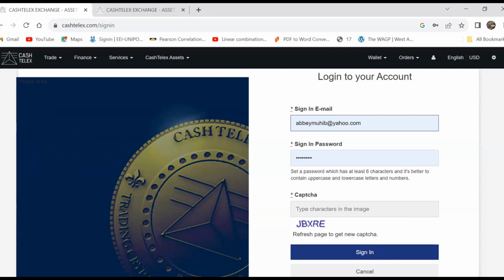I'm not filling in mine because I've already programmed my system so that when I open the website, all the login details come up automatically. Now I'm going to put in the captcha, which is JBXRE. Then you sign in.